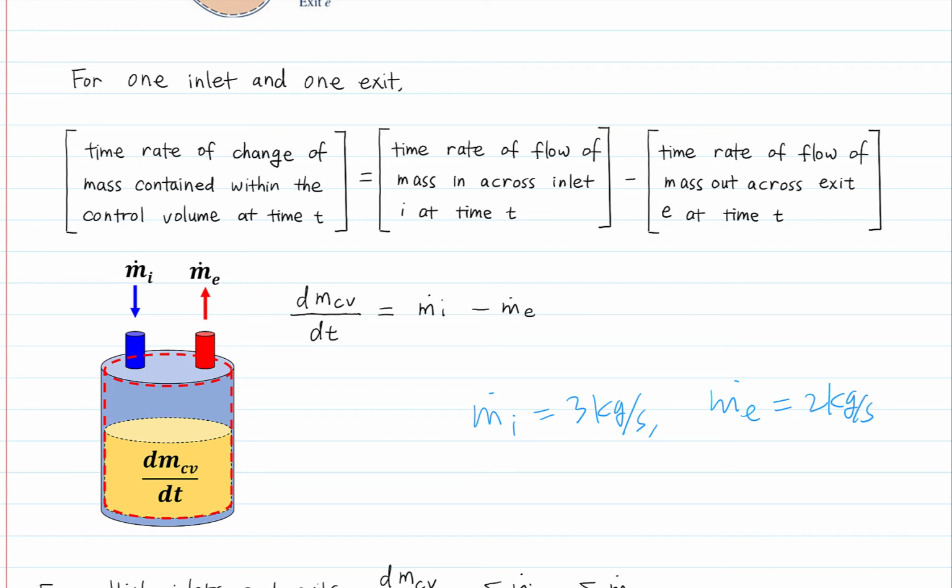So according to the mass conservation law, 3 kg per second going in minus 2 kg per second going out of the system equals 1 kg per second. So 1 kg per second is the time rate of change of mass contained within the control volume in the water heater at time t. So the water heater accumulates mass at 1 kg per second.